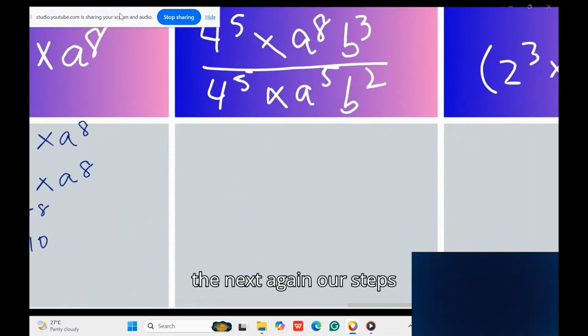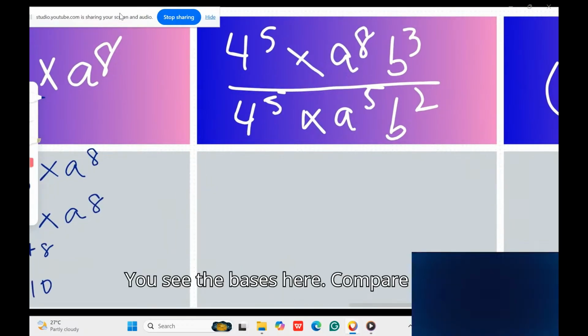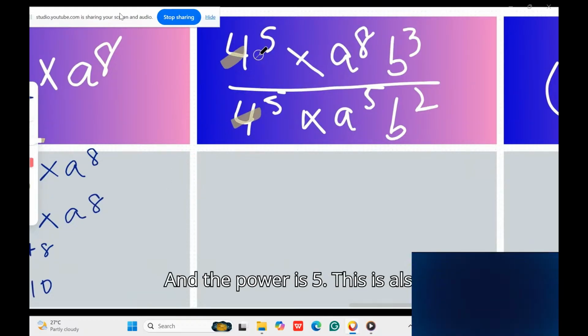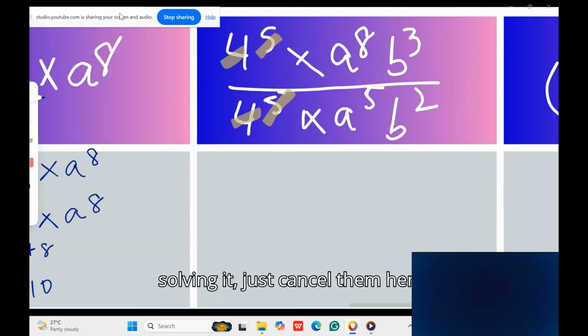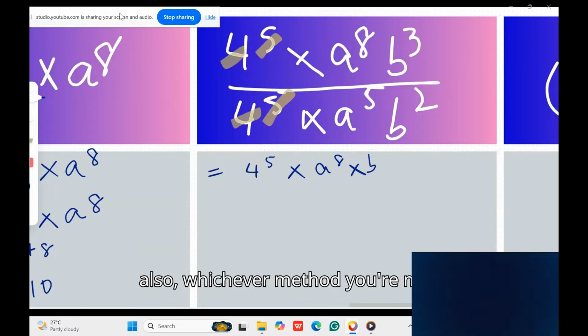Now the next, again, our steps are same. You see the bases here, compare them. This is 4, this is also 4, right? And the power is 5. This is also 5, they are same. So instead of solving it, just cancel them here. Or you can write 5 minus 5 also, whichever method you're more comfortable with.